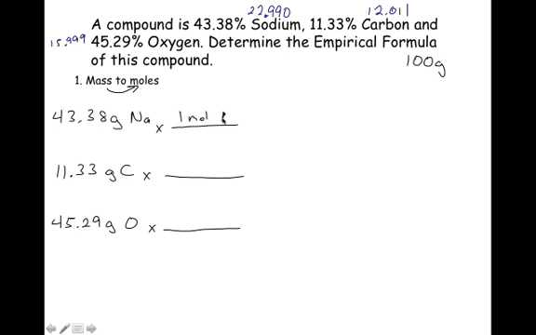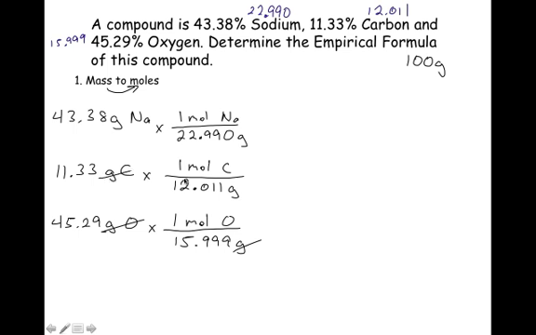We'll stick the 1 mole of sodium on top, the 1 mole of carbon on top, the 1 mole of oxygen on top, and on the bottom we're going to put the molar mass of sodium, carbon, and oxygen. Sodium is 22.990 off the periodic table, so 22.990 grams. Carbon, 12.011 grams, and oxygen, 15.999 grams. So the grams are going to cancel out, leaving you moles.